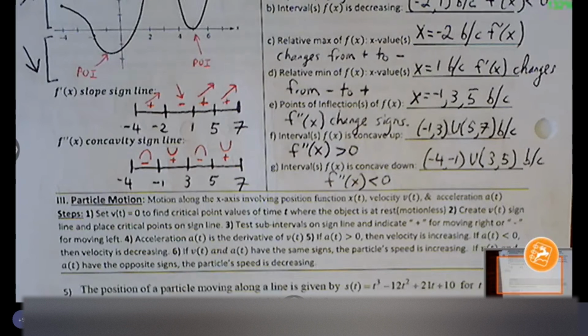We're still going to set the second derivative equal to 0, but instead of calling that the point of inflection, we're going to say that is where acceleration is 0. And then instead of concave up and concave down, positive means positive acceleration and negative is negative acceleration. So same process, we're just calling everything with a slightly different name.